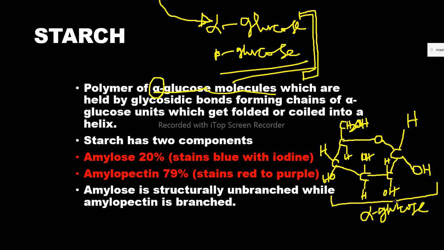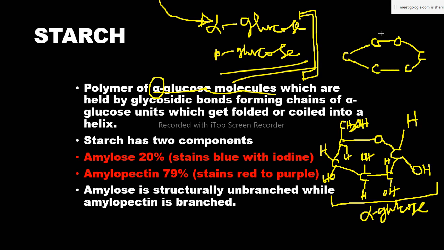But in beta glucose, let me also sketch something here. Let me take this one here to create some space. So this is our glucose. This is oxygen. This is carbon number 1, carbon 2, carbon 3, carbon 4, carbon 5, and finally carbon number 6, which has an alcohol.